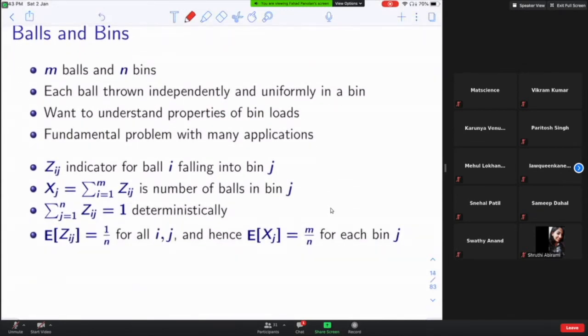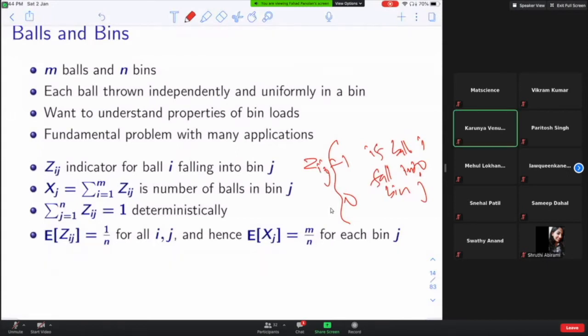Now, let's define a random variable Zij. It is an indicator random variable for ball i falling into bin j, which means that Zij is equal to 1 if ball i falls into bin j, otherwise 0. Now, how many balls will be there in bin j? Let's call it Xj.